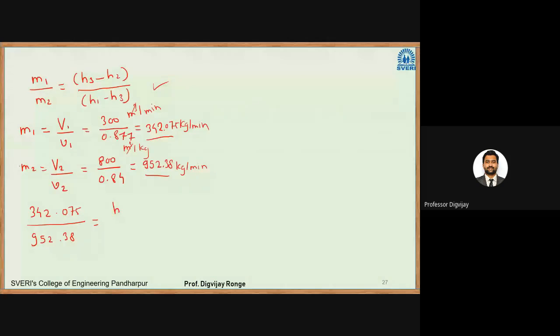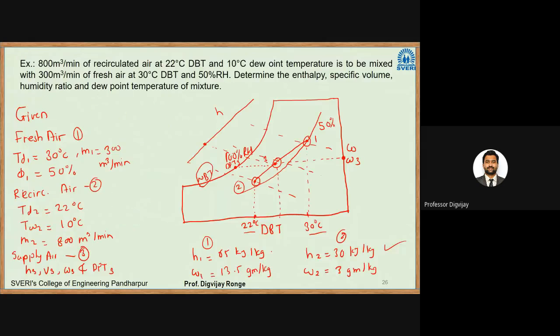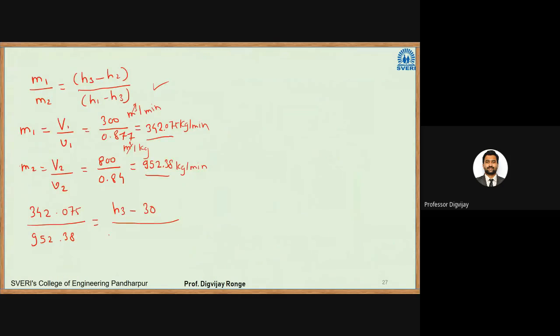H3 minus H2. H2 we have calculated as 30, so this will be minus 30, divided by H1 we have calculated as 65, minus H3. So solve this expression and see what value you get for H3.